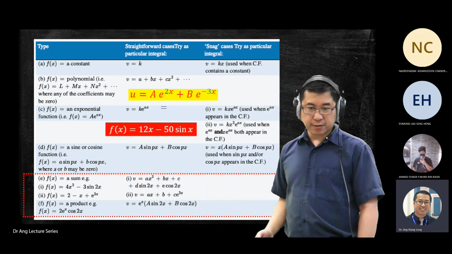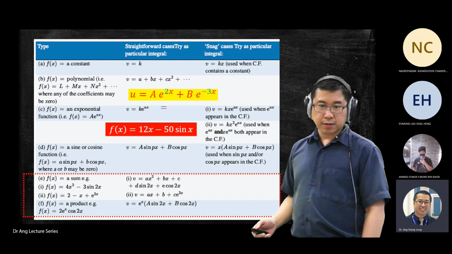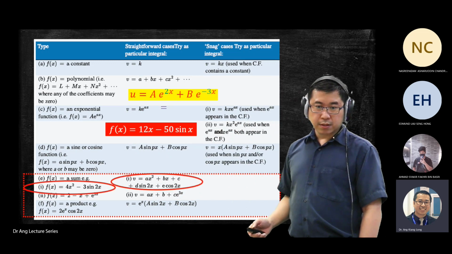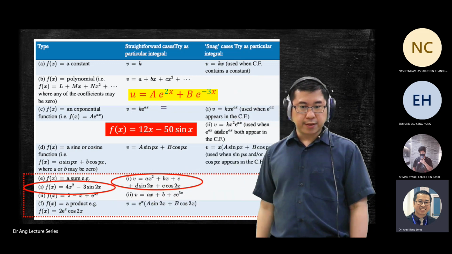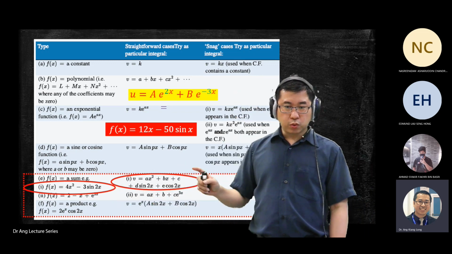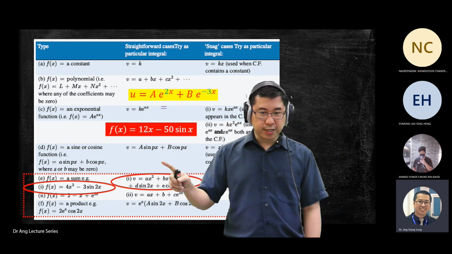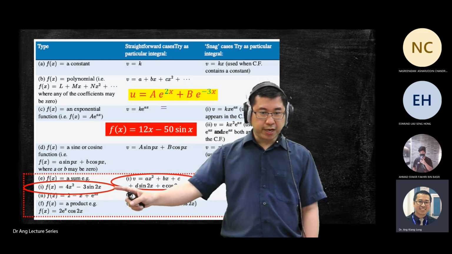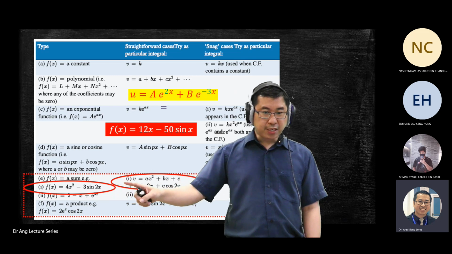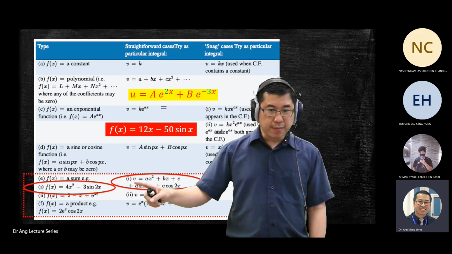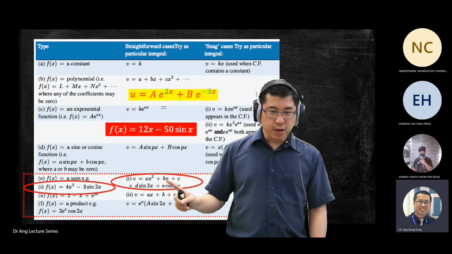So in this case, we choose the first one and the first one. And you need to be smart enough to do modification. Because if you look at the table, you see the E number 1, fx equal to 4x squared minus 3x squared. What is your V?